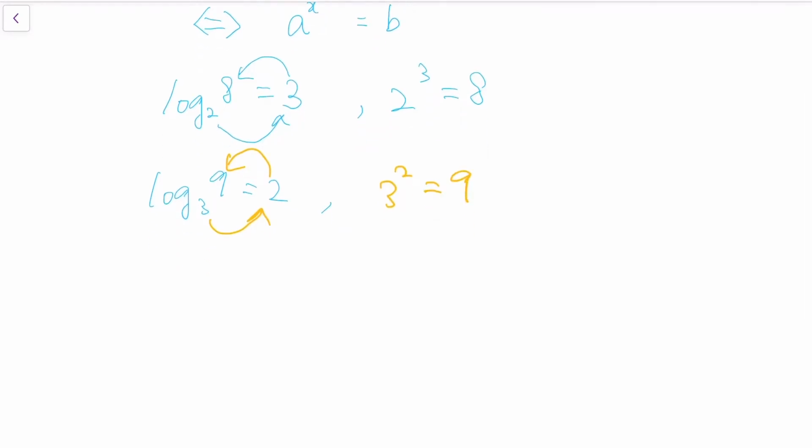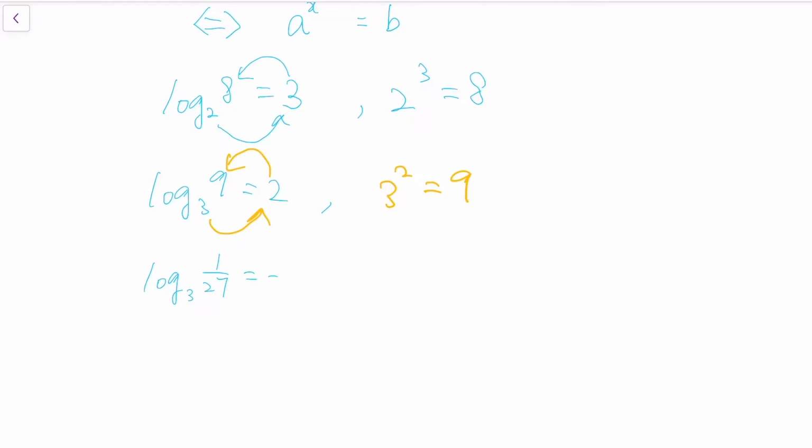Okay, let's try more. What about log 1 over 27 base 3? Okay, 1 over. What kind of power would give you 1 over? The answer is a negative power.